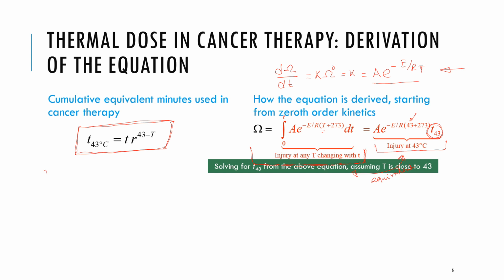The integral from 0 to t of A e raised to minus E over R times T plus 273, dt is equal to A times T43 times e raised to minus E over R times 43 plus 273.